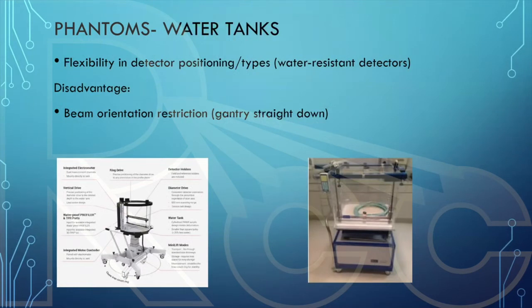Remember that they need to be water resistant detectors. There are certain tricks that you can use for detectors that are not water resistant, but I wouldn't recommend those. The disadvantage of the water tanks is the beam orientation restriction.